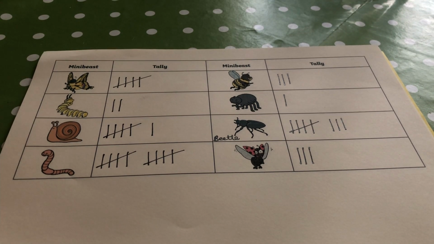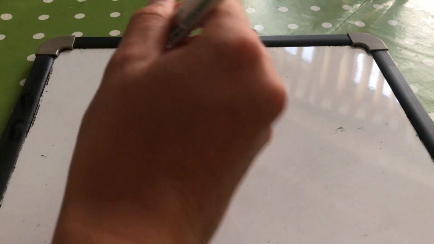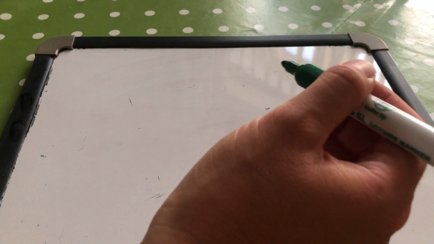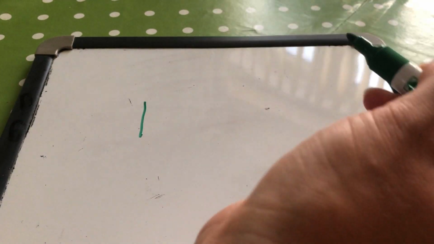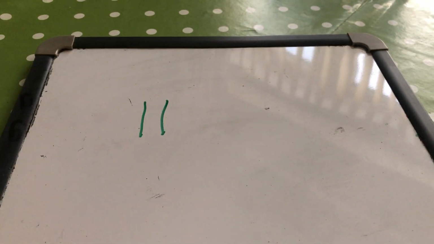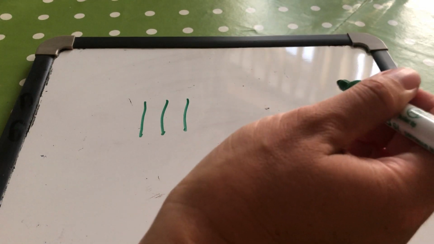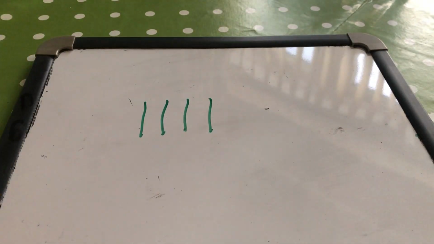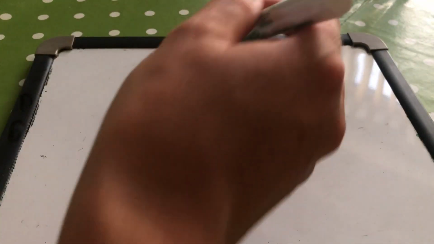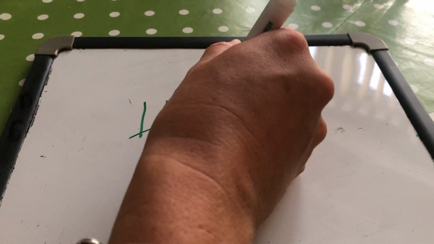Now, when you are writing down numbers in a tally, you probably saw on mine just then, you write them down in lines that look like this. So this is how I count as a tally. So I do 1, 2, 3, 4, and when I get to 5, instead of doing another one there, I put a line through it.